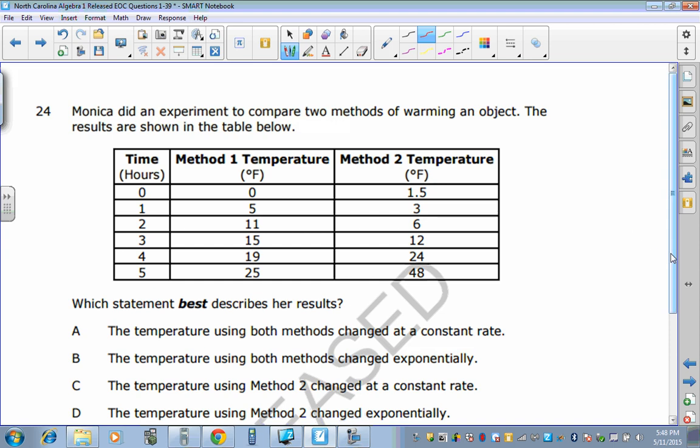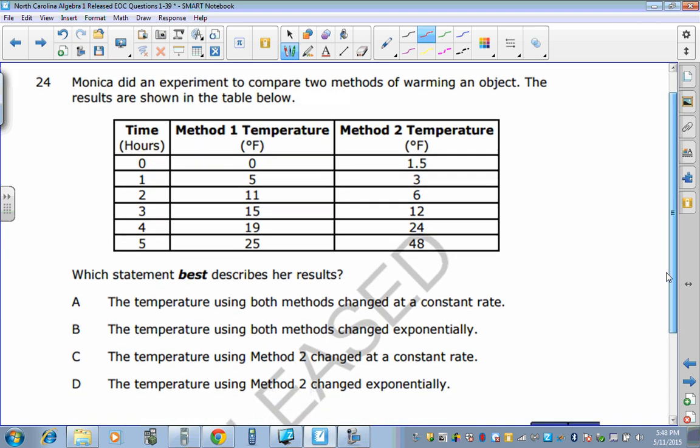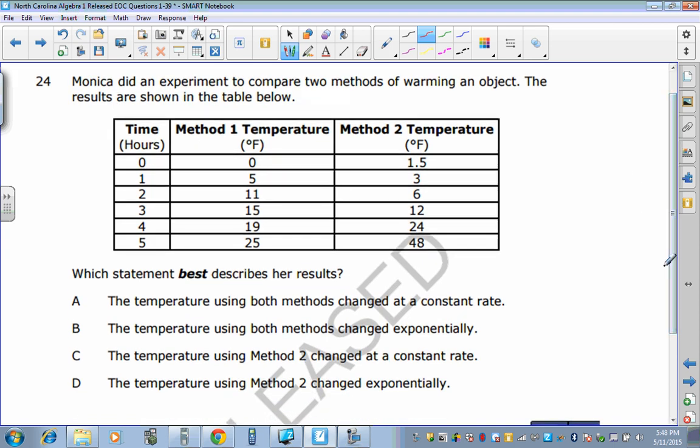Okay, let's look at this one. She's conducting 2 experiments, and they want to know how they're increasing. Well, in experiment 1, that went up 5, that went up 6, that went up 4, that went up 4, that went up 9.